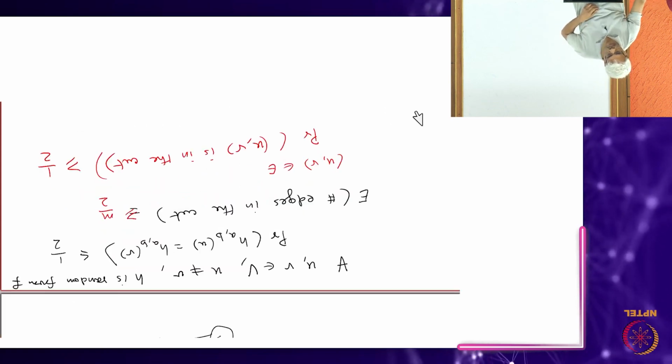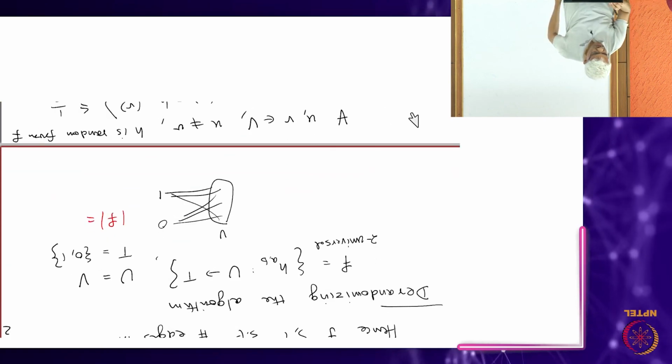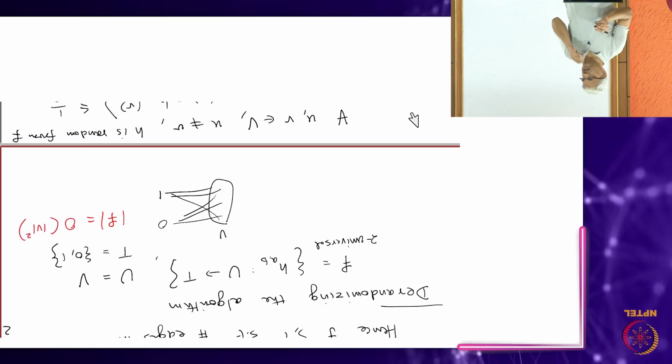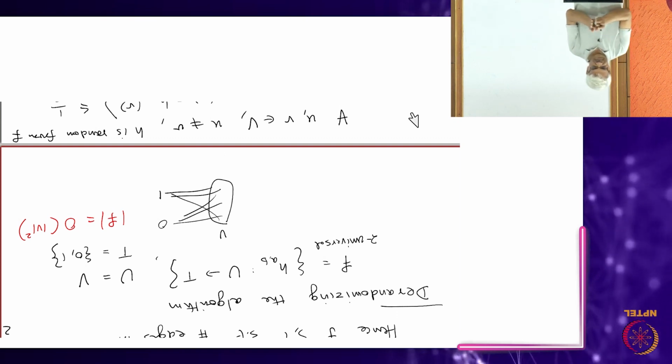So I am going to say order V square, which is like n square, is the number of functions.